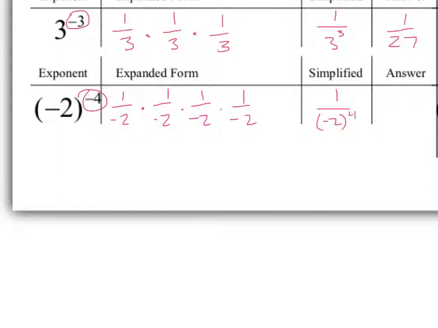So this is a different way we could rewrite this. Or we can actually do all the multiplication on the bottom. Negative 2 times negative 2 times negative 2 times negative 2. Well, I'm going to have to think about that. So on the bottom, this negative 2 times this negative 2 would be 4, and this negative 2 times this negative 2 would be 4. Which means it would be 1 over positive 16.